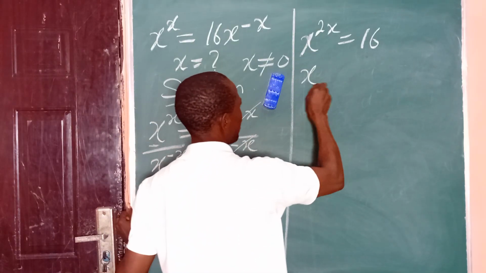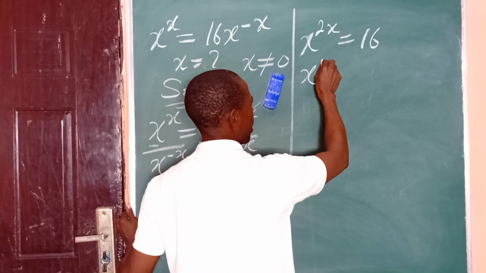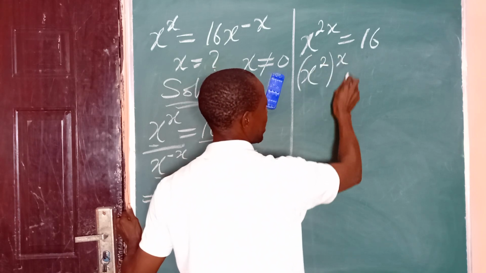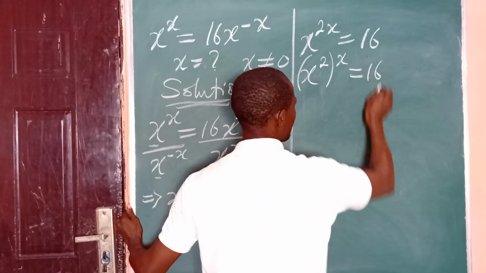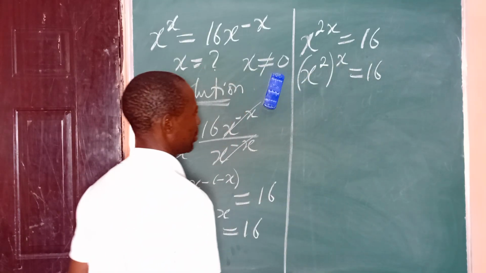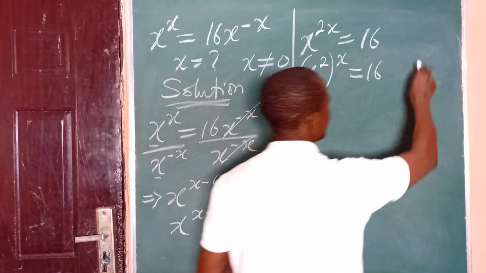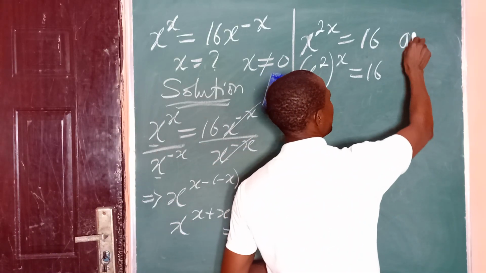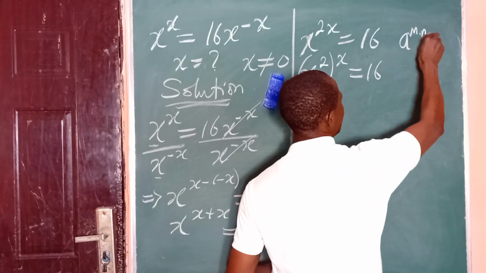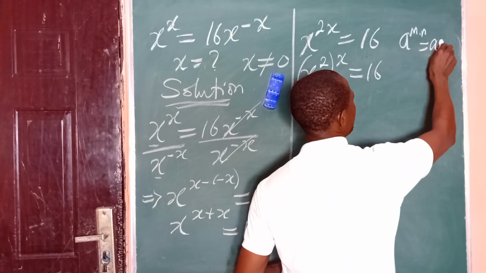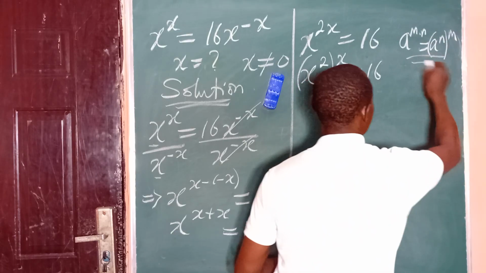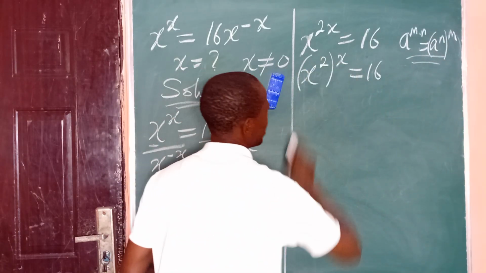We can write this as x to the 2 all raised to the power of x, which equals 16. Apply the law which says that a to the power of m times n is equal to a to the power of n, in bracket raised to m. So we can put this in and take this out.